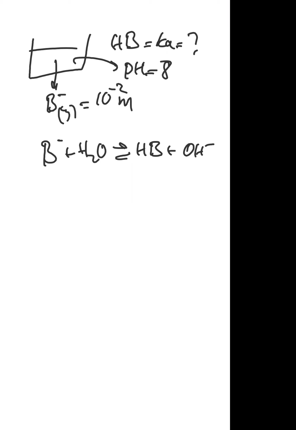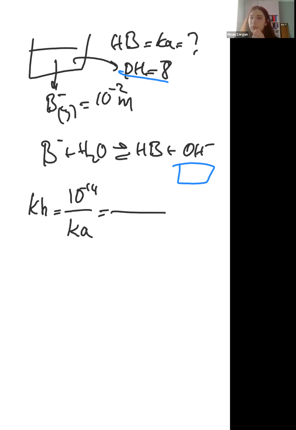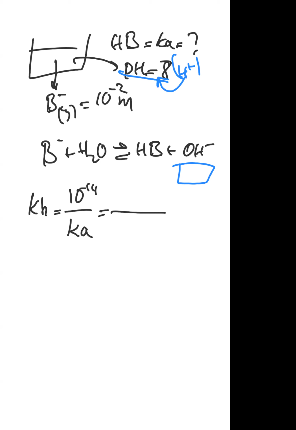Then we have the hydrolysis situation, which is 10 to minus 14 divided by Ka, while we have a pH of 8. What will be the concentration of OH minus, as we have pH of 8? Not 10 to minus 8. It's 10 to minus 6, because that is related to the hydrogen plus ion, but we want to know about hydroxide, which should be 10 to minus 6. Then this one also is 10 to minus 6.